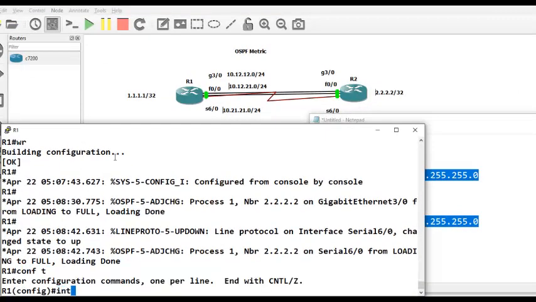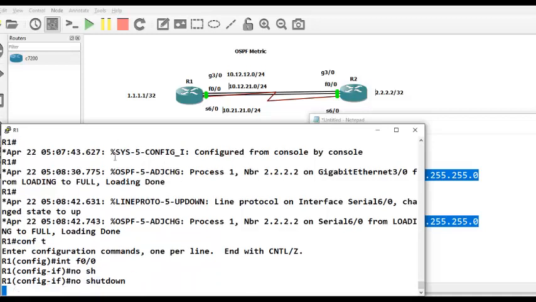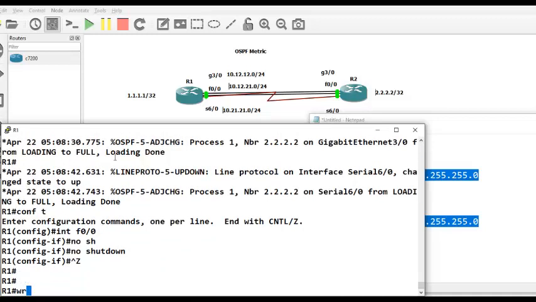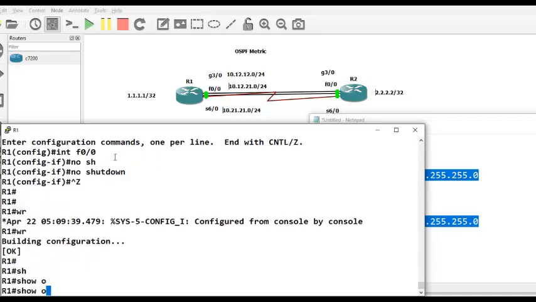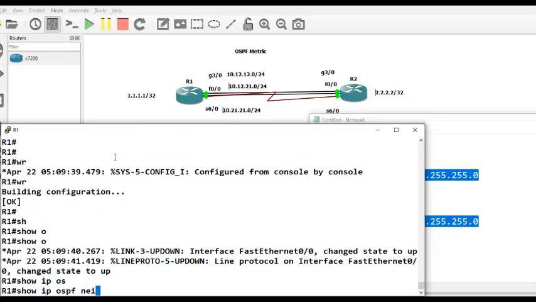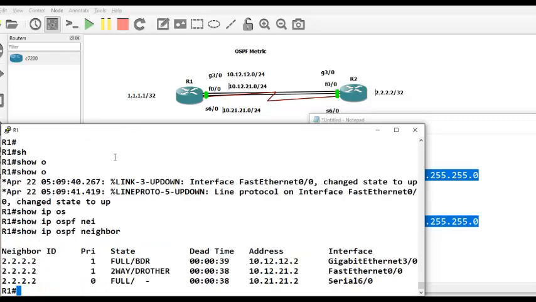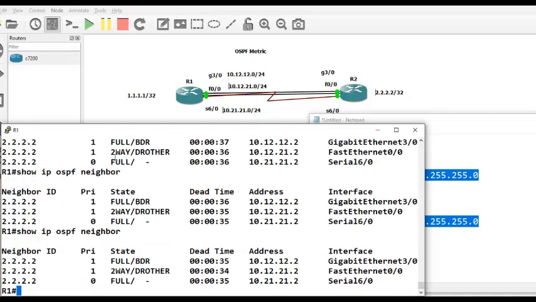Interface... okay, show IP Ospf neighbor. Okay, 3 neighbors. Actually 1 neighbor, 2.2.2.2, but 3 parallel connections.